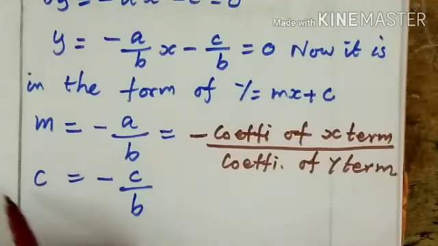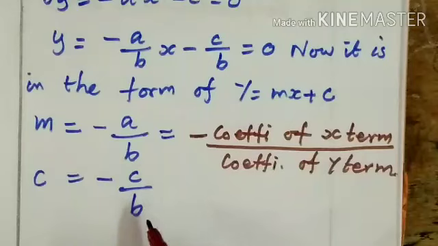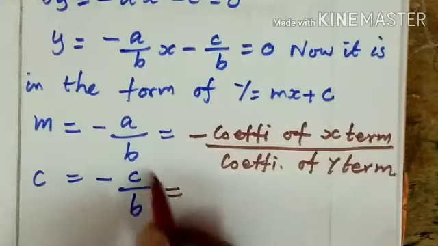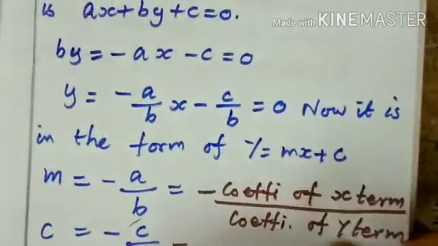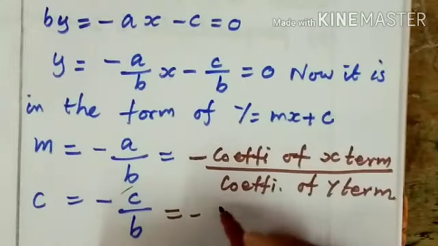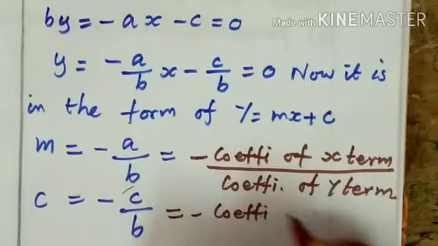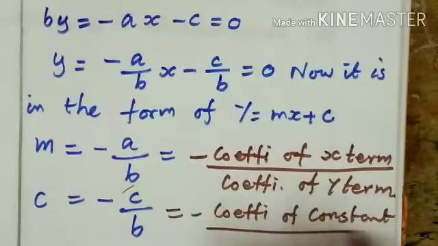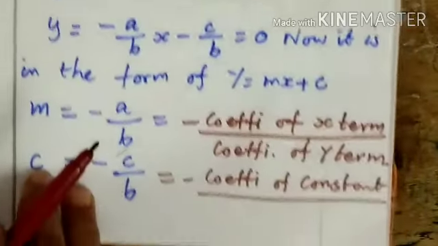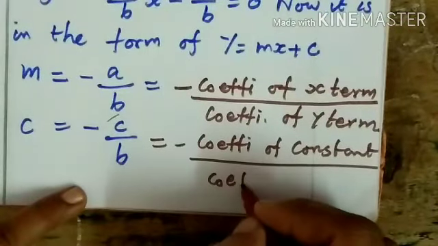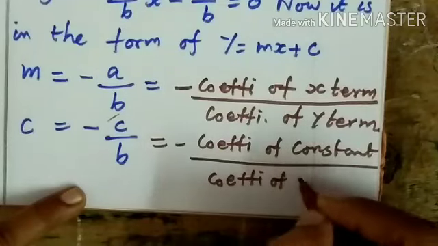Next you have to see the formula for the y-intercept, that is c is equal to minus c by b. It means c is the coefficient of the constant term in the given equation. So minus coefficient of constant term by b, which is the coefficient of the y term.